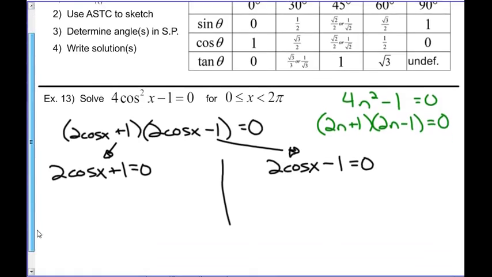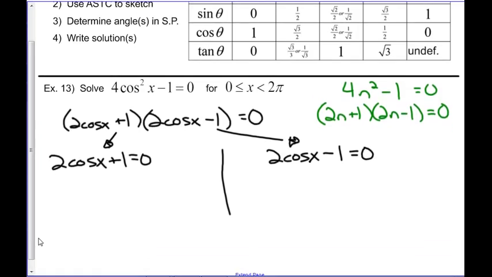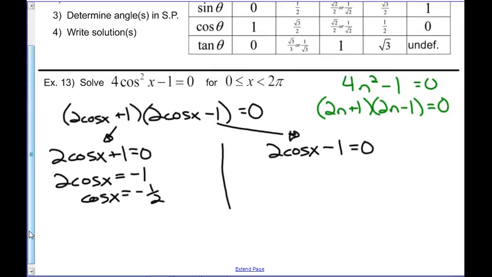Okay, so we factored, and we made each of those brackets equal to 0. I'm going to follow through on just this one over here. So it would be cos x equals negative 1/2. Okay, I'll do my regular stuff. I find theta ref. So where is cos 1/2? At that angle, which I know is pi over 3.